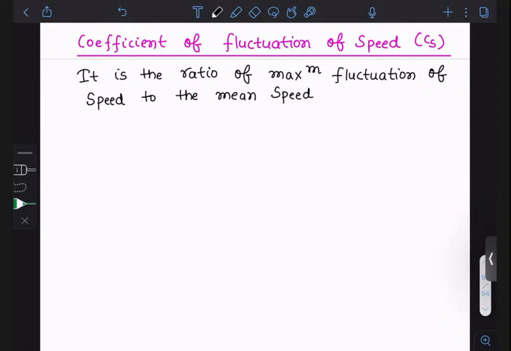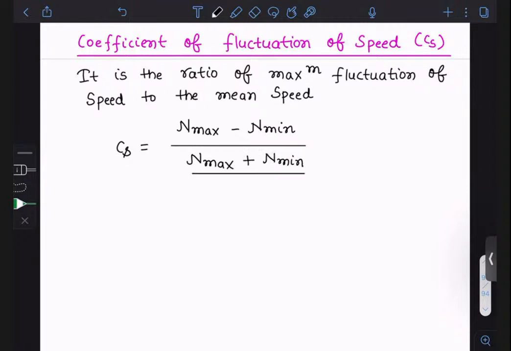Means CS is nothing but N max minus N minimum divided by mean speed. Mean is your N max plus N minimum by 2. So here we can write it is going to be your N max minus N minimum divided by N. Correct?